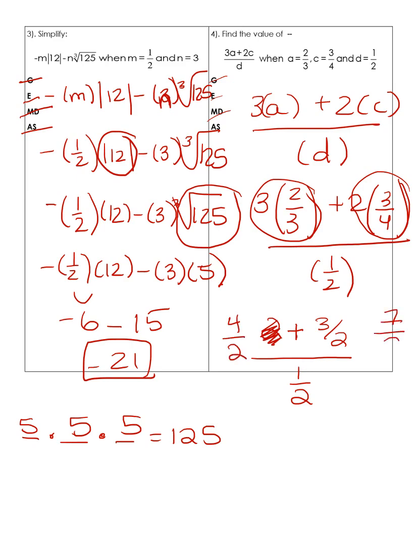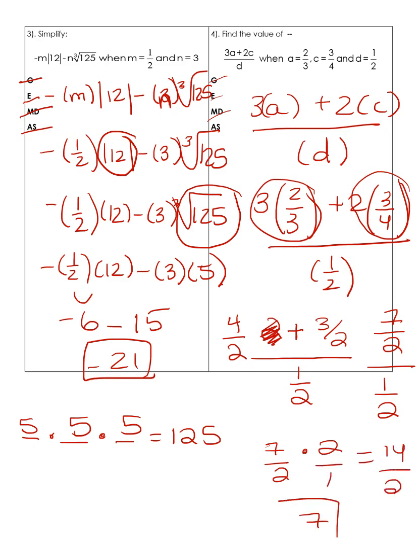So it would be 7 over 2 divided by 1 over 2. And when you divide, you actually end up multiplying by the reciprocal. So 14 over 2, and the answer is 7. Again, if you're not good with fractions, I would suggest that you put those calculations into Desmos to help you figure out your final answer.